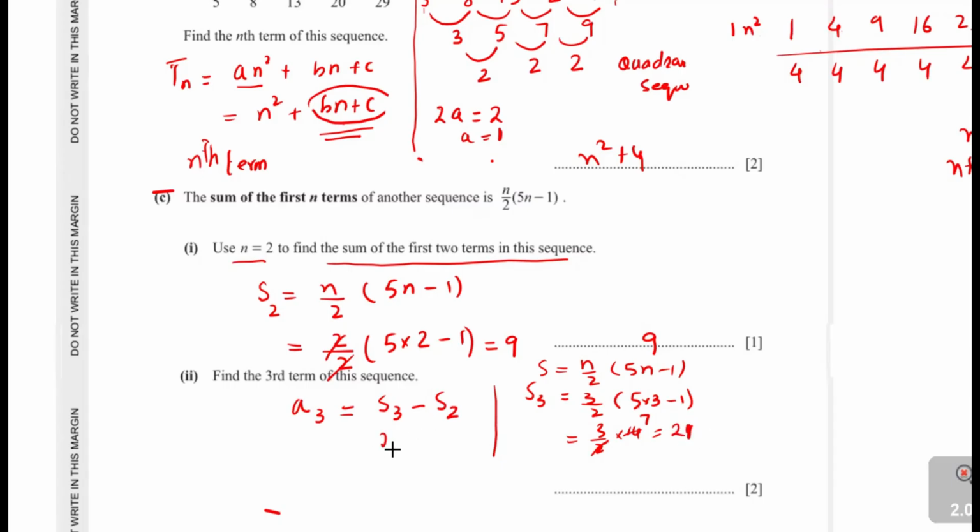And the S3 here is 21 and S2 here is 9. Therefore, the difference is 12. Therefore, the third term will be 12.